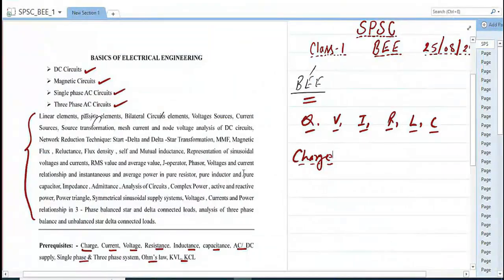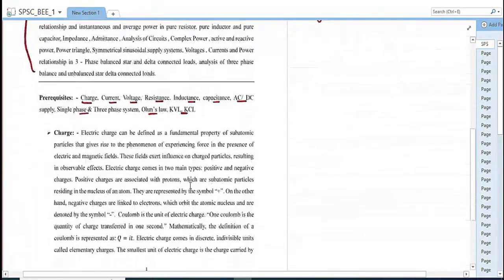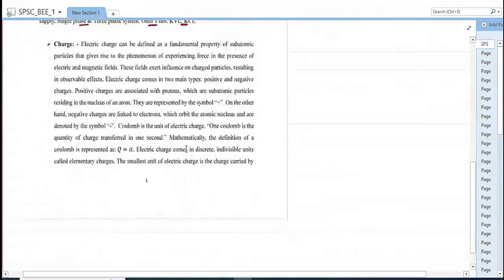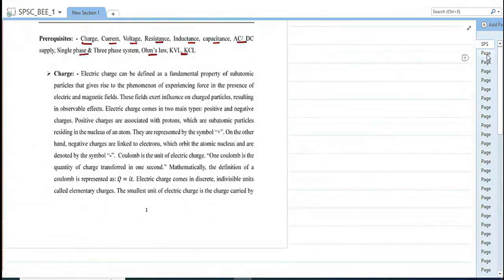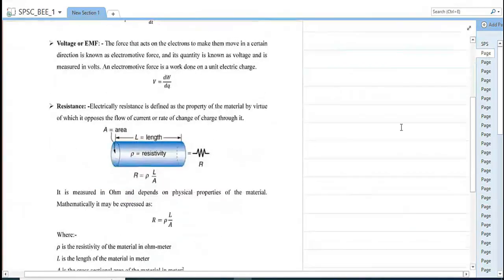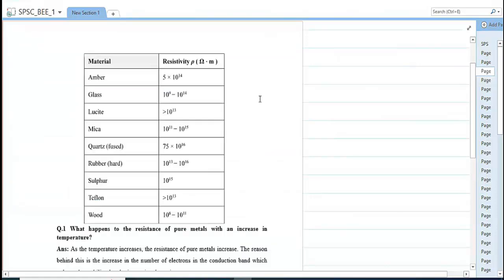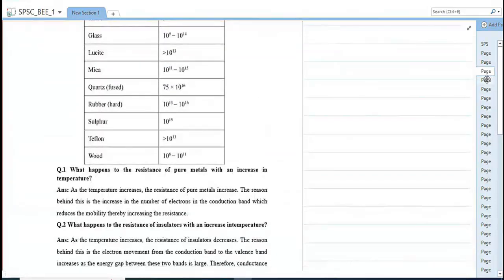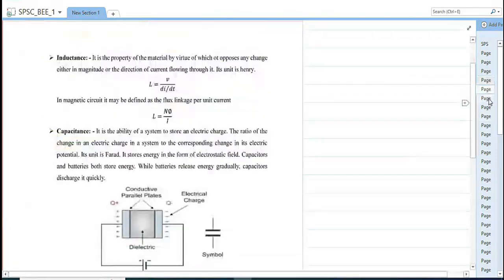Before starting, let me show you these notes. I have prepared this file exclusively for you as per your syllabus. These are the prerequisites, the current, voltage and all. I have prepared it over the last 5 to 6 days, and this file contains all the contents of basic electrical engineering.